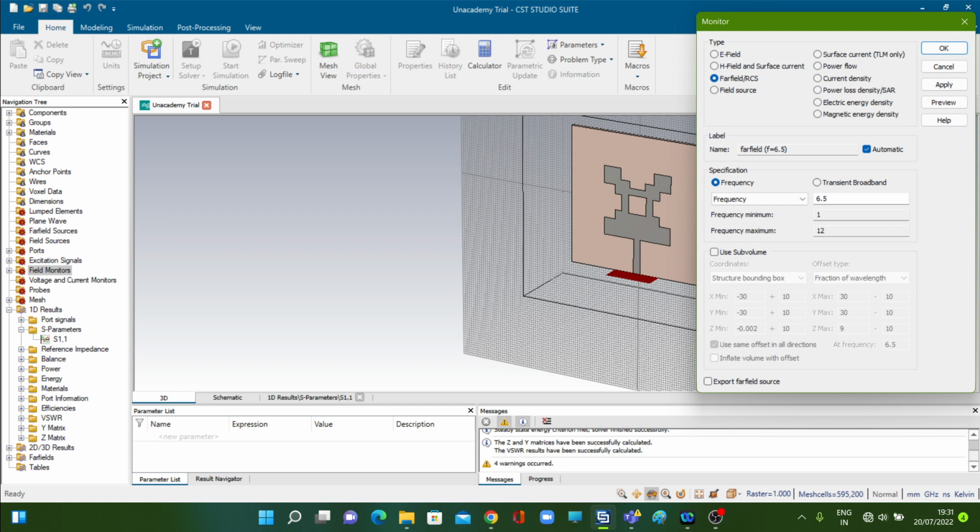Now, next under specification, two options are there. One is frequency, the other is transient broadband. Now try to think about analyzing this antenna in terms of bandwidth. If I ask you whether we want a narrowband antenna or a wideband or broadband antenna, do we wish to have an antenna which will provide a very narrow bandwidth or a wide bandwidth? Then what can be our answer?